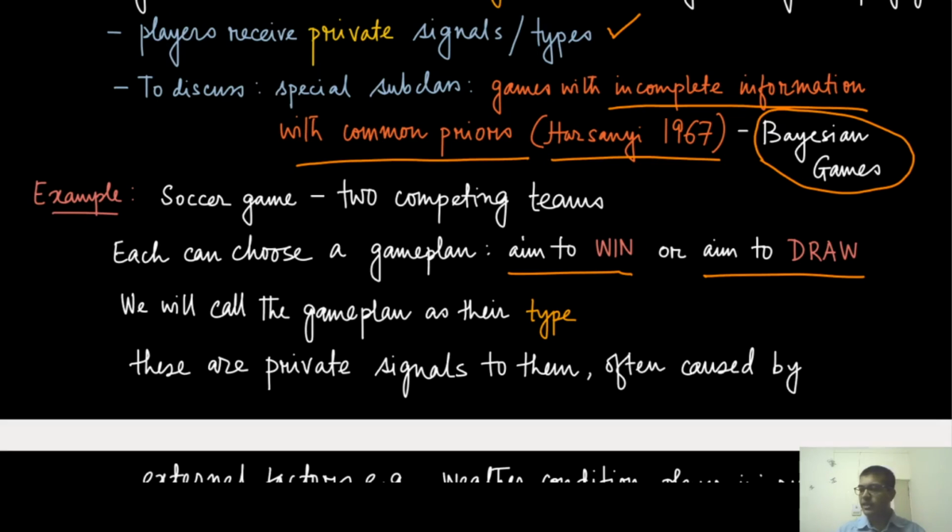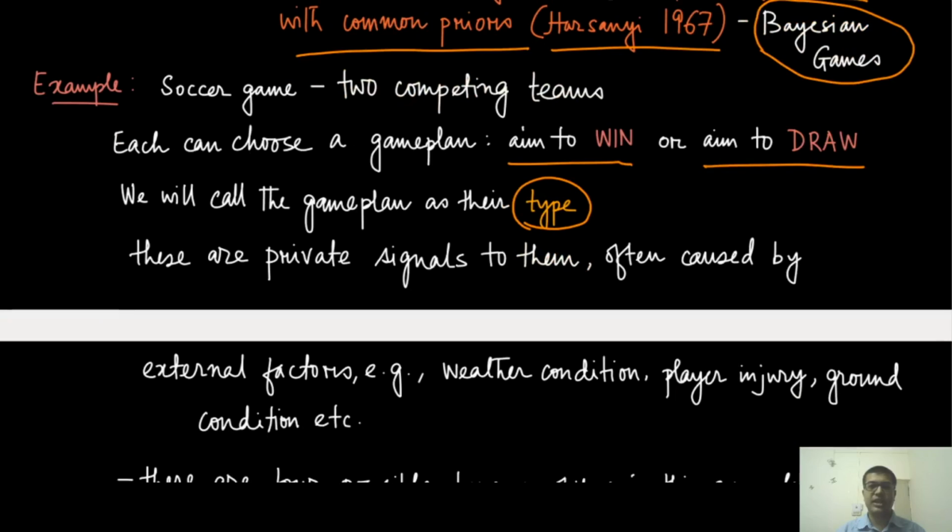Now, this game plan we will call, in the terminology of incomplete information, their types. These are private signals only to them. For instance, you can think of these as caused by certain external factors which are only known to them. Let's say the weather condition.